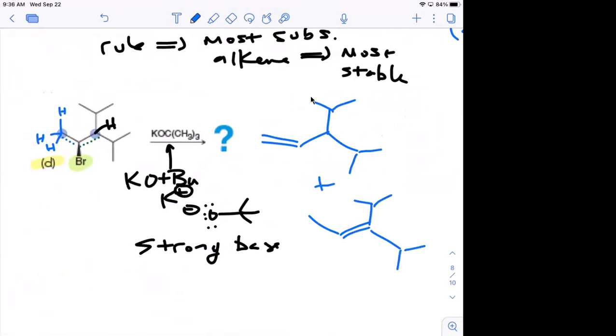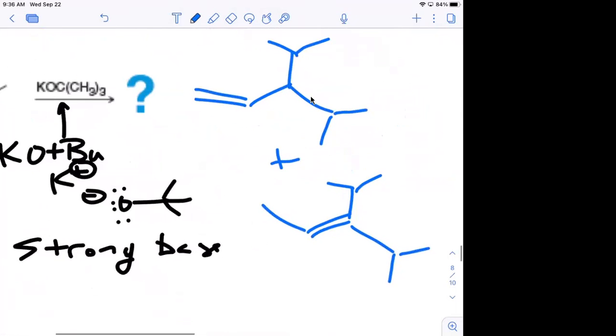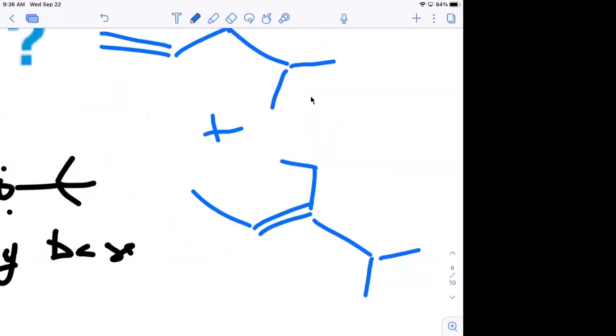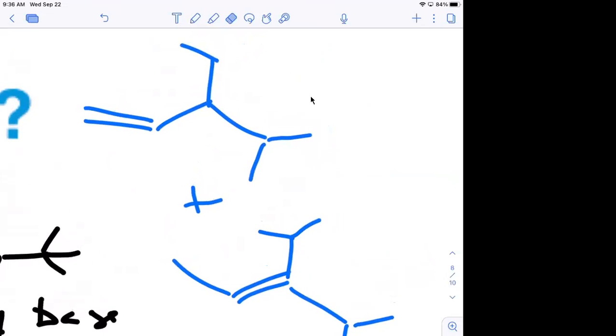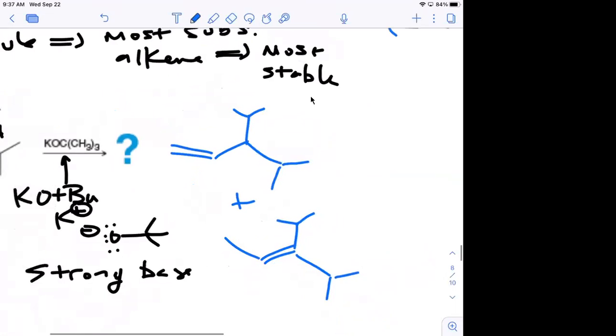Am I right? Fix this isopropyl group. Yes, no?